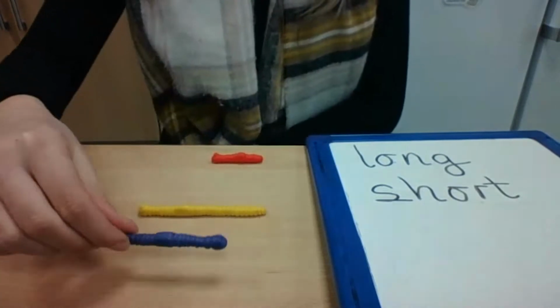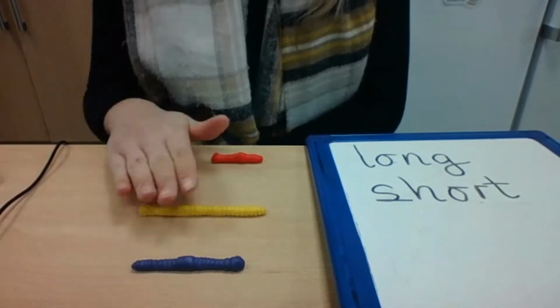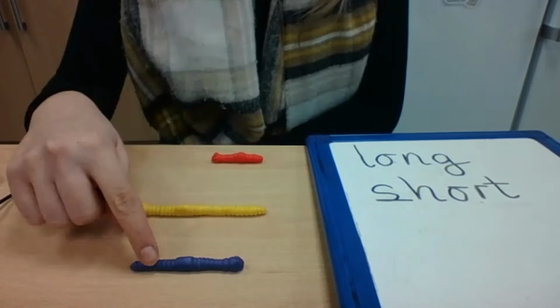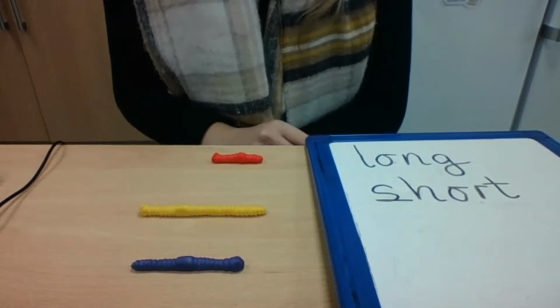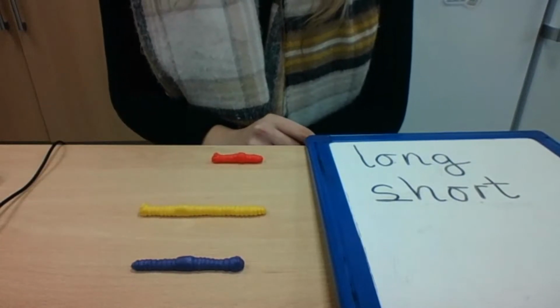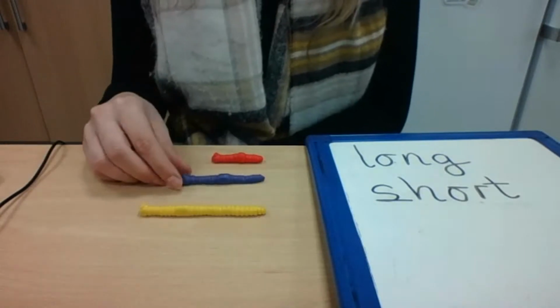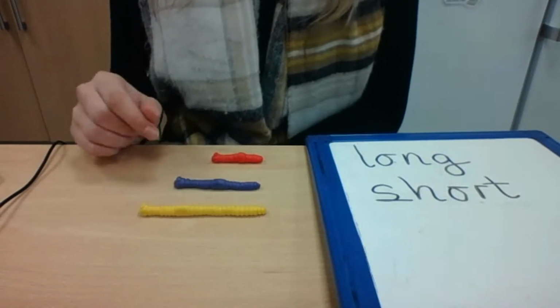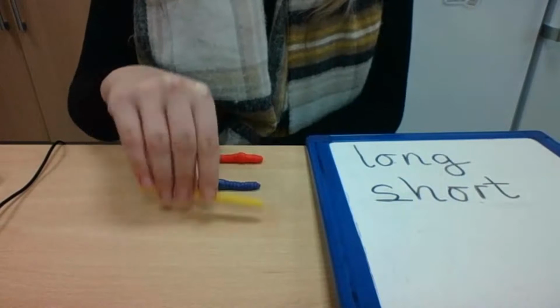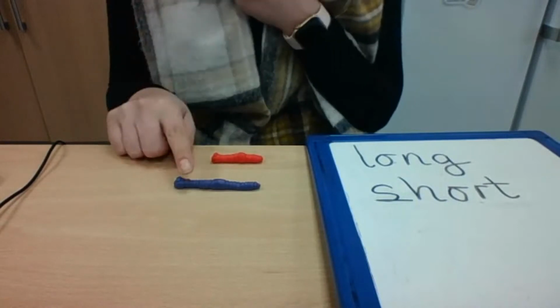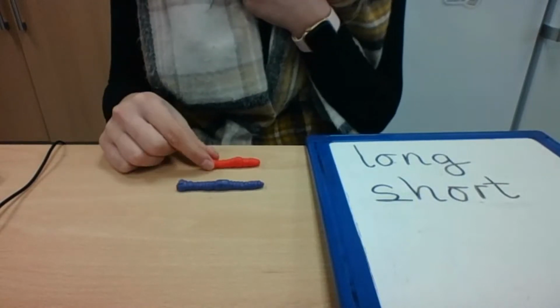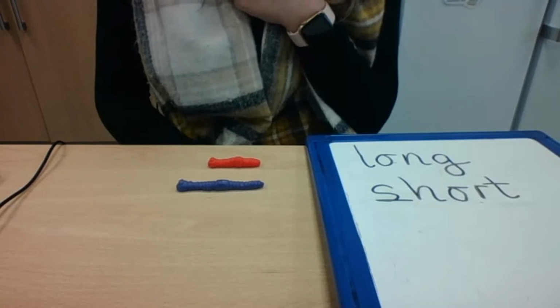So if this purple one isn't the longest and it's not the shortest, what could we say to describe the purple one? It's the medium-sized one. It's in the middle. Now, if I take away the yellow worm, what can we now say about the purple one compared to the red one?